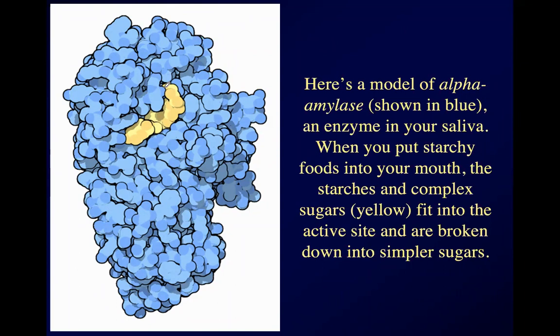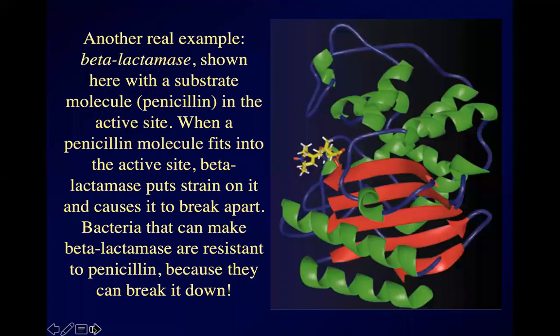Okay, sorry. Right, anyway, so that yellow thing right there is a piece of a starch molecule that has fit into this groove. And once it fits into the groove, the enzyme can apply some stress that breaks the starch apart into simpler sugars.